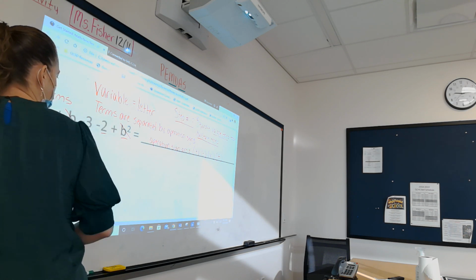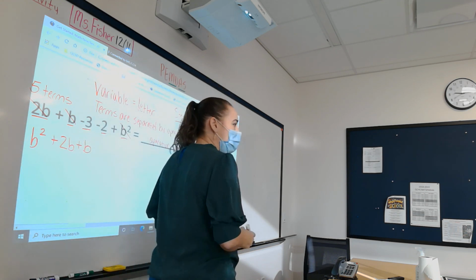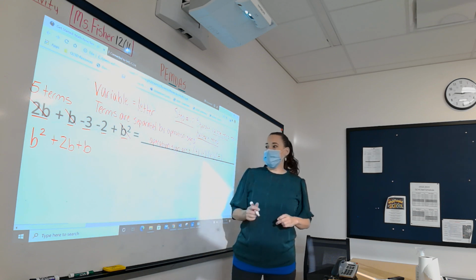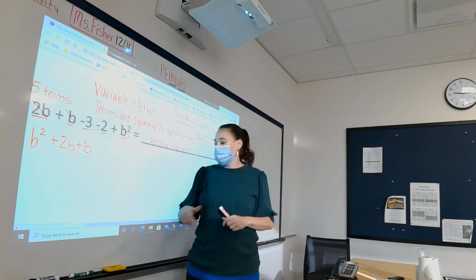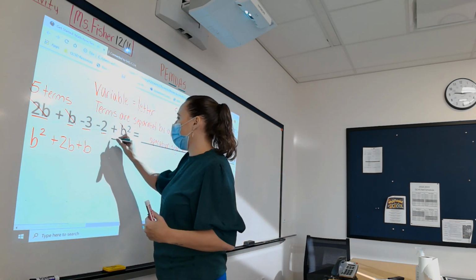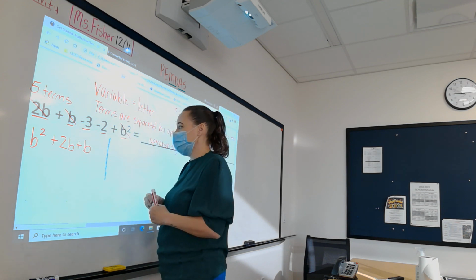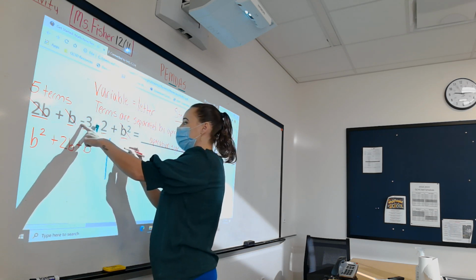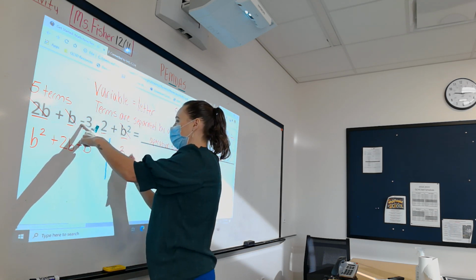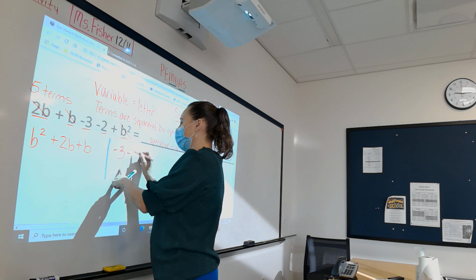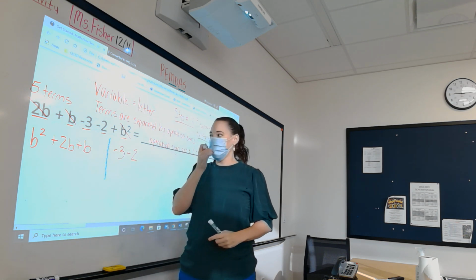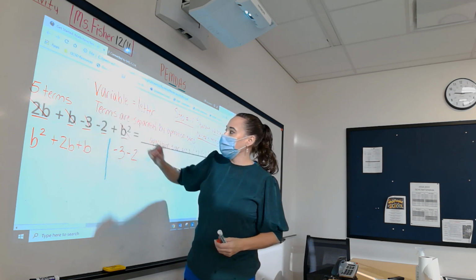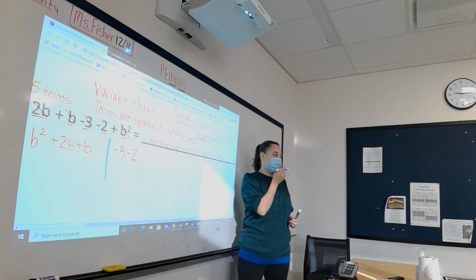Negative 3 and negative 2 do not have a letter attached to it, so they do not go with my variable terms. So now I'm going to have that big line that I've been putting up to show that they're different. And then I'm going to say minus, negative, so we have the negative 3 minus 2. Okay, so now I took care of every term you see up there. I know I'm okay.